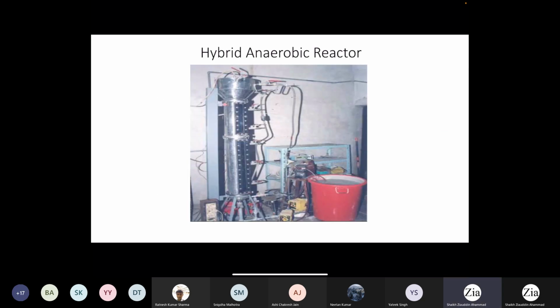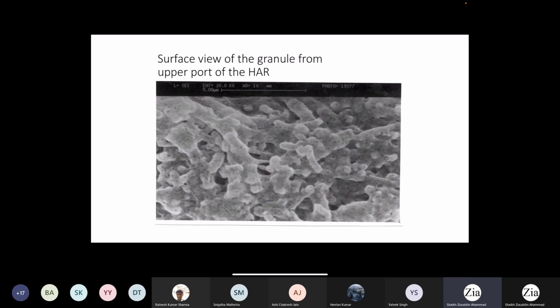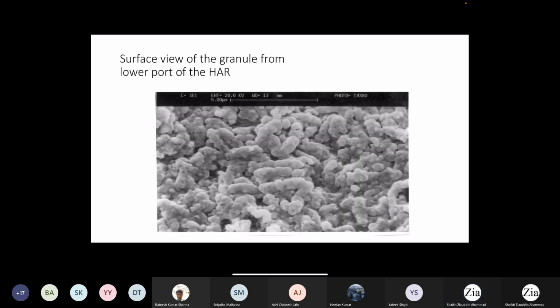And this is a picture of the hybrid anaerobic reactor at slab scale that we developed in the lab. When you take a photograph, like the way we have seen earlier, if you take the surface photograph, then you can see this kind of surface morphology. Different kinds of bacteria just make a mat or a film on the surface.